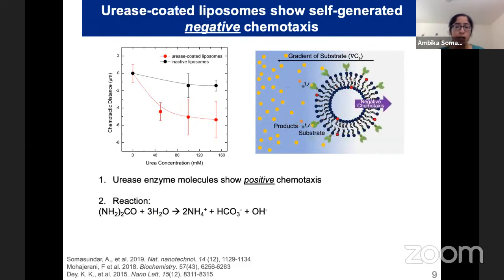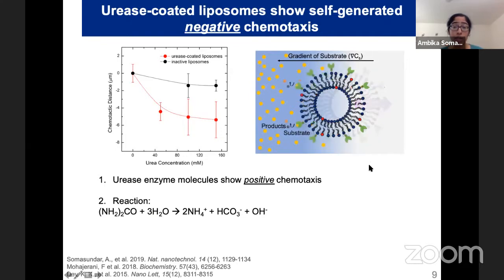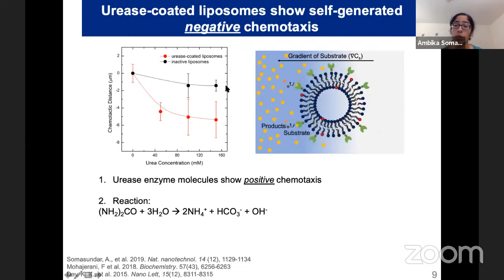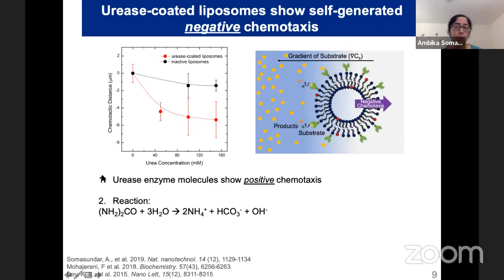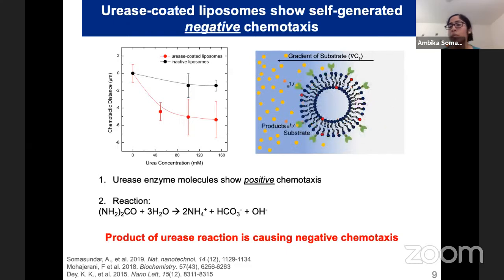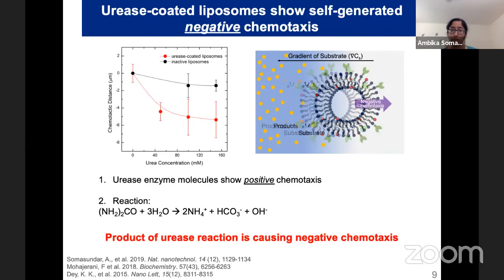In order to confirm that the lipid vesicle itself does not have any effect in presence of urea, we tested inactive liposomes, that is liposomes without enzymes, in gradients of urea, and we see no negative movement. So this led us to conclude that the product of the urease reaction is probably interacting somehow with the lipid vesicle and is causing the negative chemotaxis.